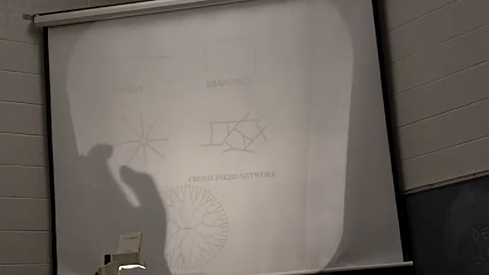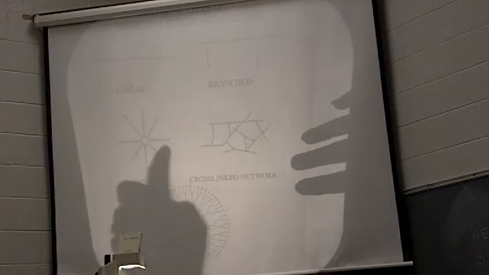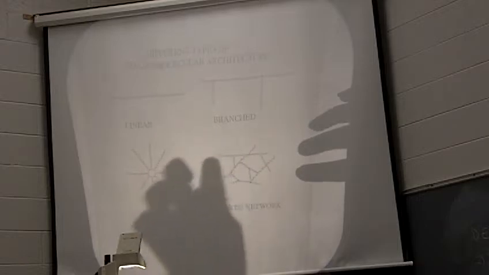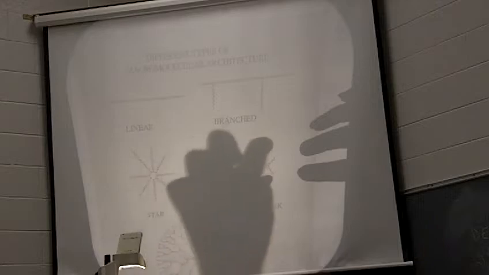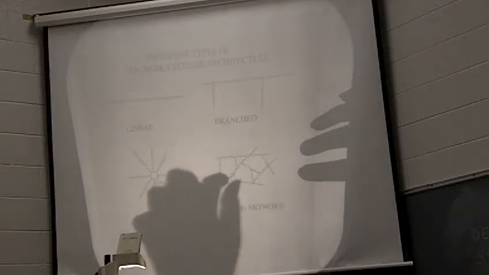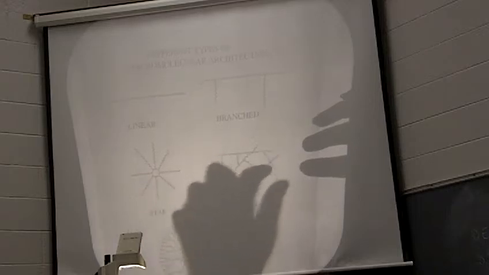You can start from a common center and then have this star architecture where it just is branched off this common center. Or like the vulcanized rubber, you start with strands of the polymer, and then you start adding things that link those strands together, so you get this cross-linked network.